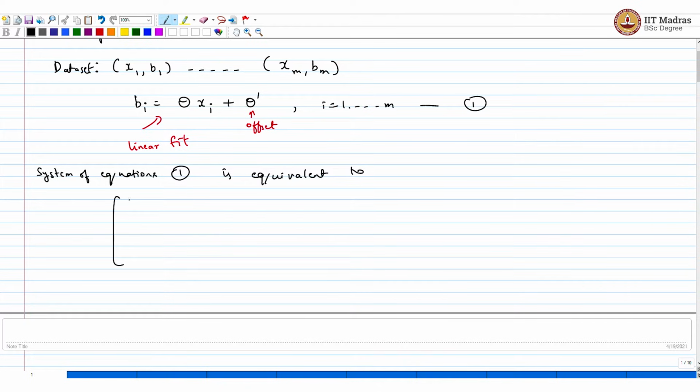What you do is put x1 until xm, add ones, times theta prime, not theta prime, theta double prime, equals b.